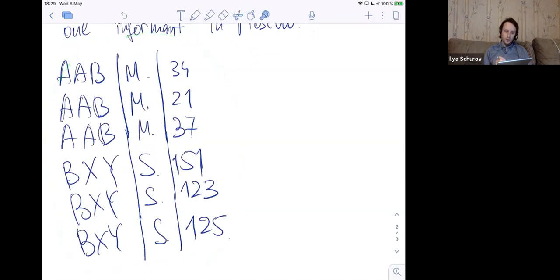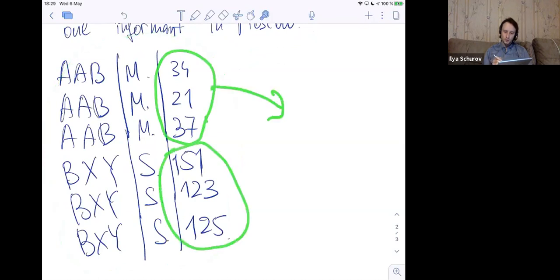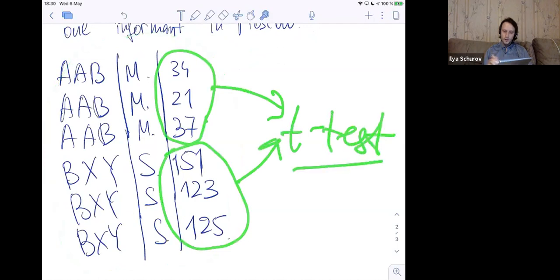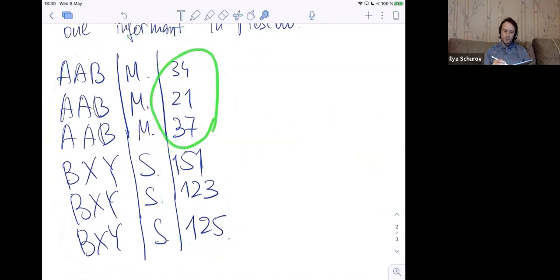If I just feed these numbers and these numbers to the t-test, then most probably it will say that I have a significant difference between this set of numbers and this set of numbers, just because these numbers are too large compared with their variance.